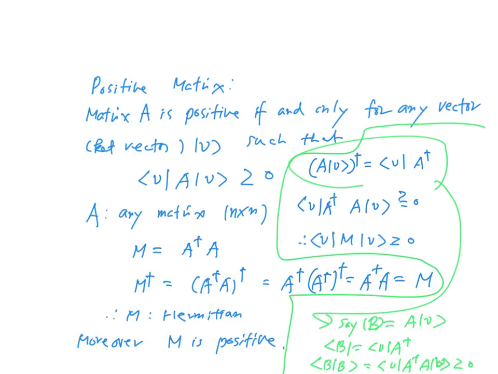And probably after the spectral theorem, this is probably the most important property of a matrix. That is polar decomposition.